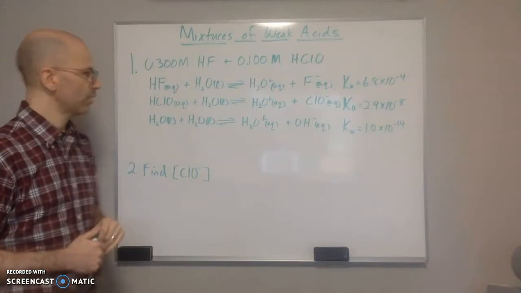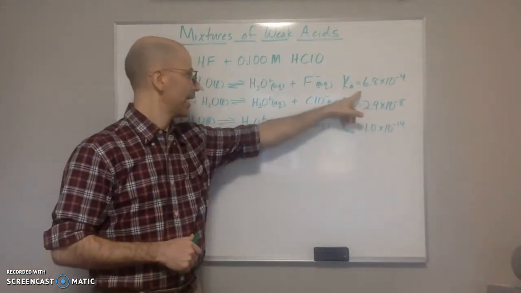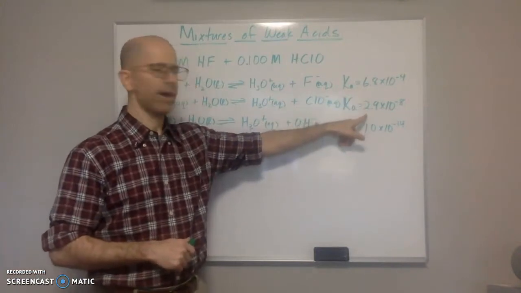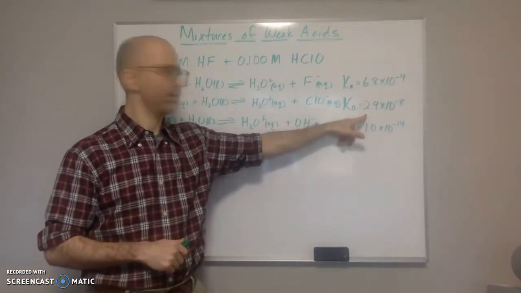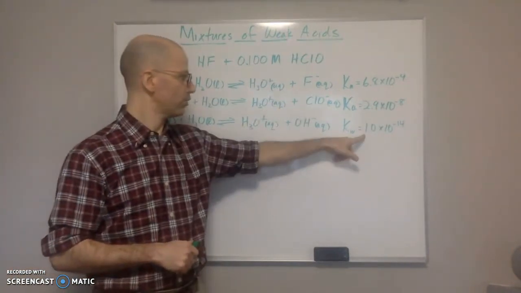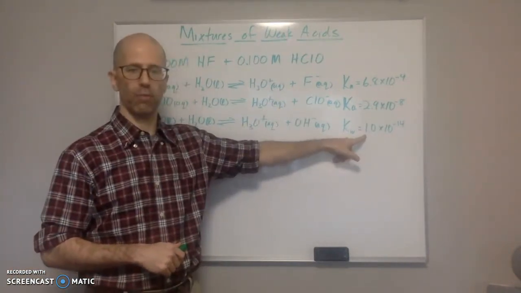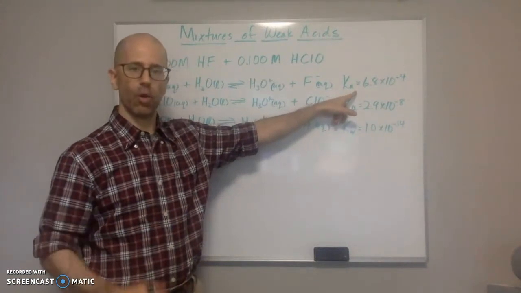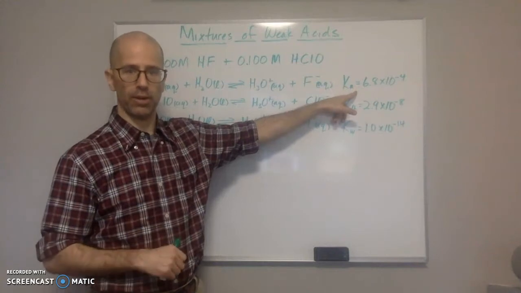And so right away you can see that the Ka value of HF is much greater than that of HClO, and also much greater than that of water. So this is on the order of 10,000s greater, right?